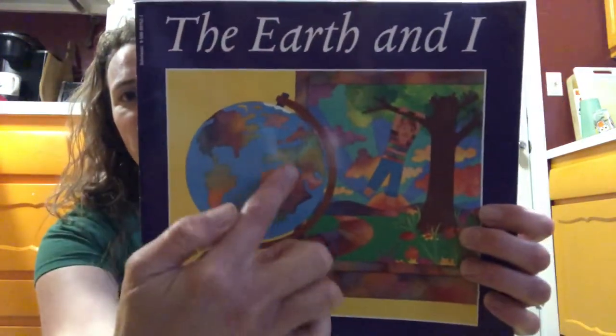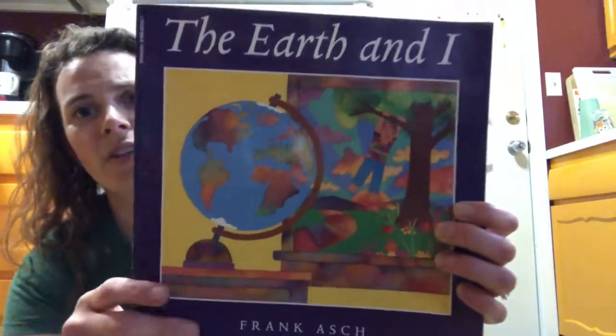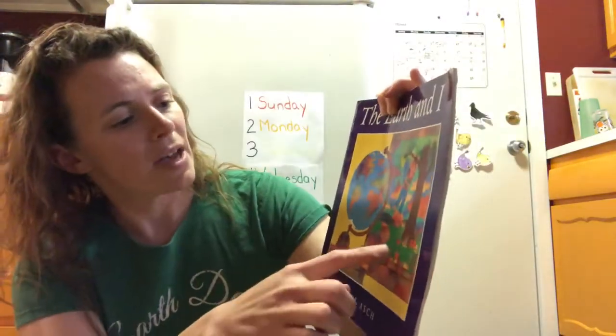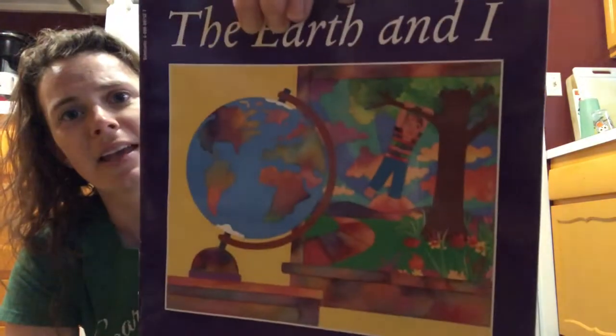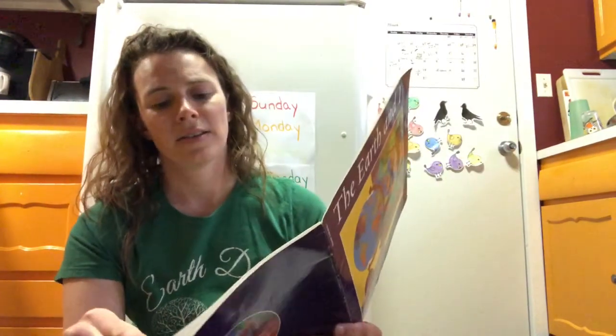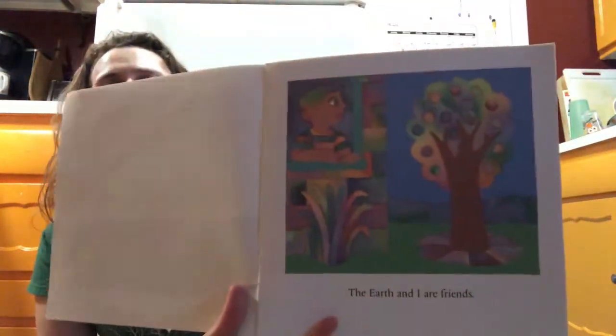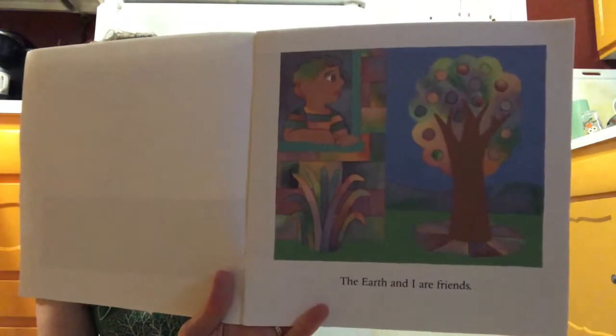You can see here is a globe, which is a small representation of the earth, and outside is somebody playing in a tree. Here he's standing on a turtle. There's a little bit of symbolism for the turtles carrying the earth. The earth and I are friends.